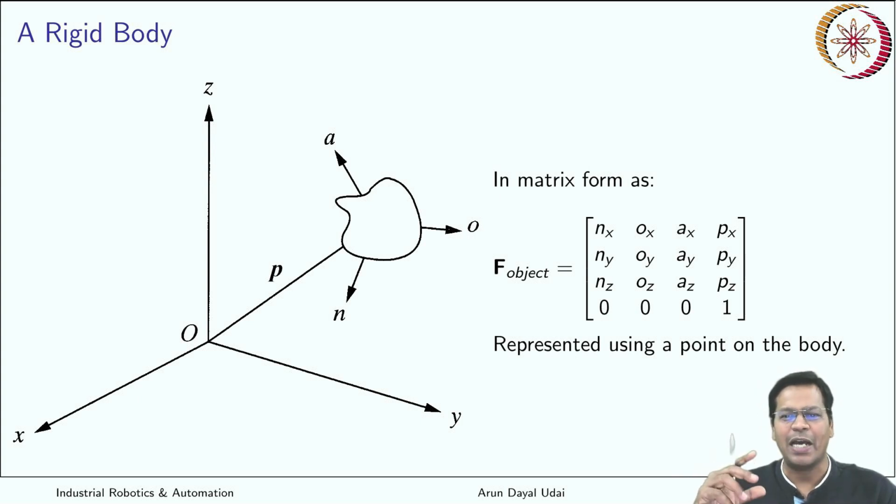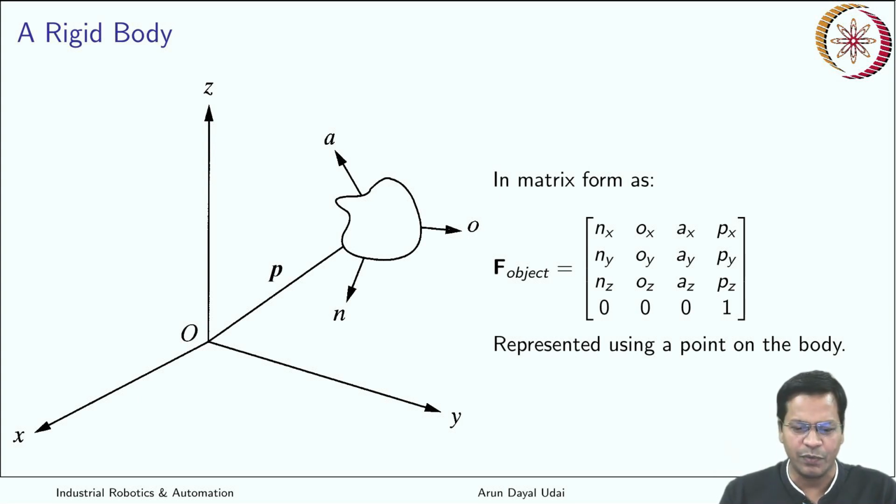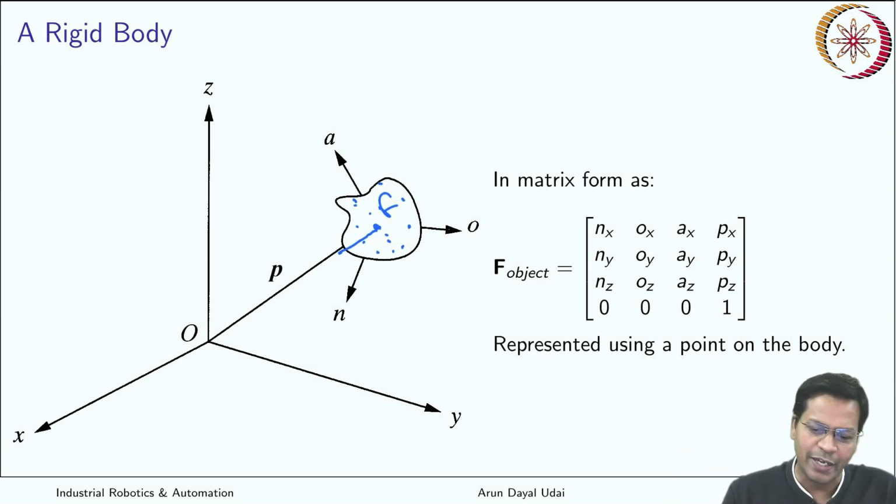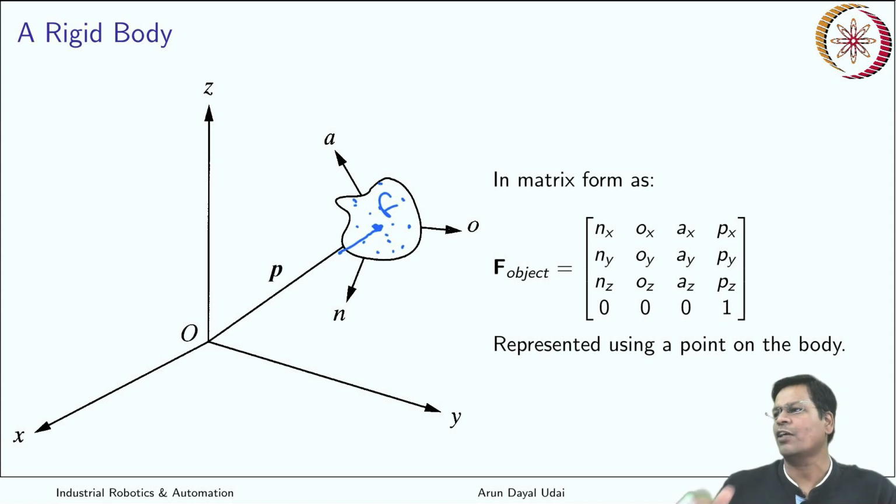So if you can define your frame's location, that fully defines the rest of the object, because all the points on this object cannot move relative to this point F. The whole object is fully constrained if your frame orientation and position is constrained.